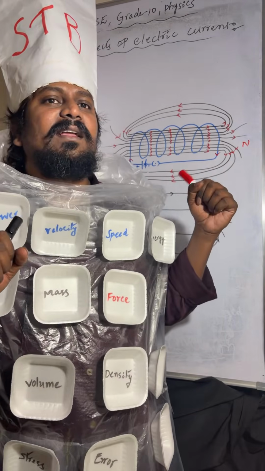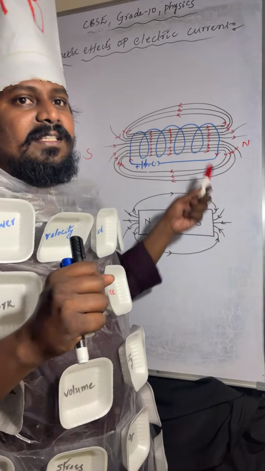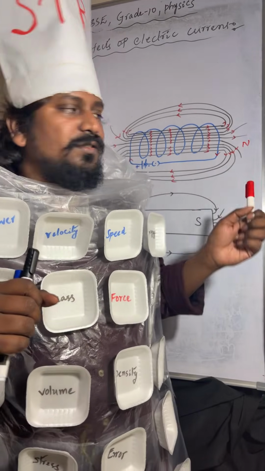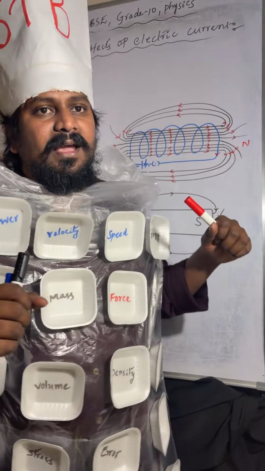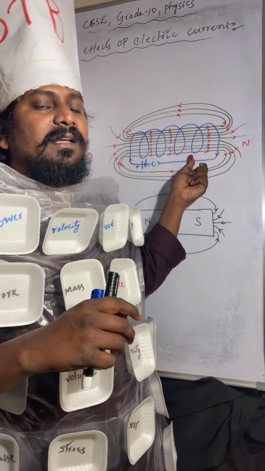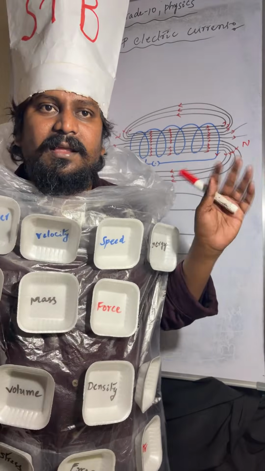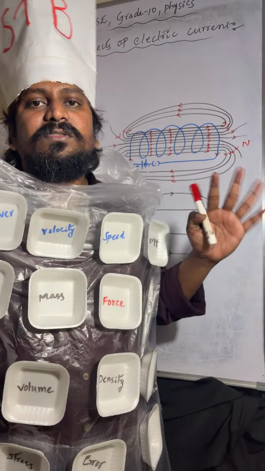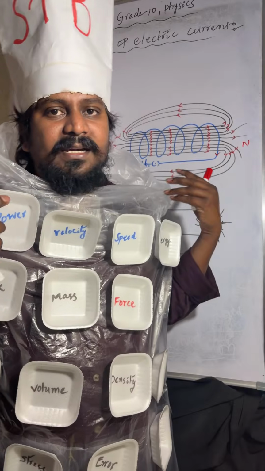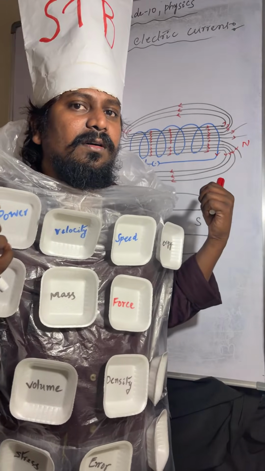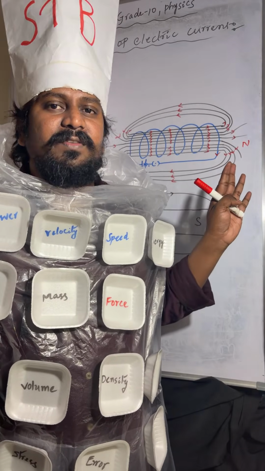And one more thing, this is a permanent magnet. This is a temporary magnet. So permanent magnet and temporary magnet. Whenever we want, if you send the current, it will act as a magnet. Here, no, it is fixed. So the magnetic field is fixed. The magnetic power is also fixed.